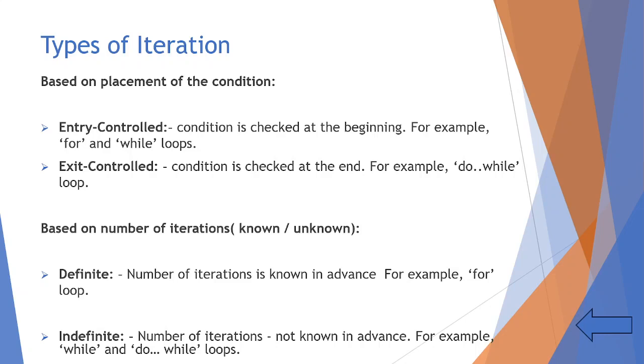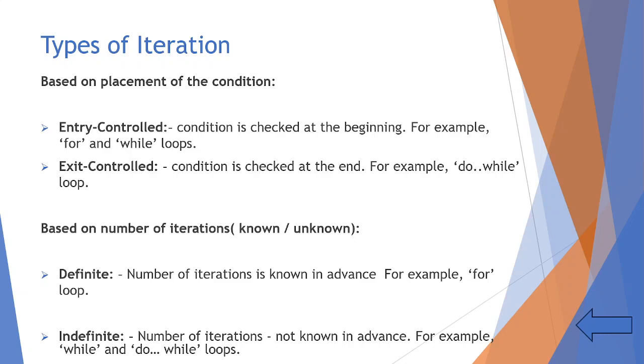Now, indefinite loop. The number of iterations is not known in advance, meaning we cannot decide beforehand, even if we know the n. Let's suppose n is 123. We cannot decide 123 times or 123 divided by 2 times. No. While and do while are known as indefinite loops. For example, for 123, how many digits are there? 3 digits.